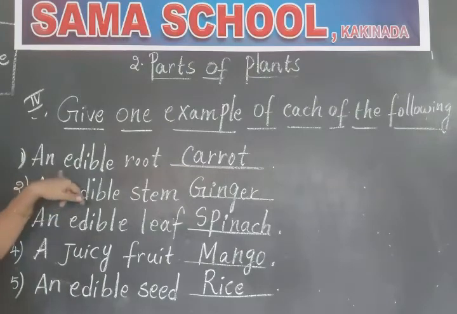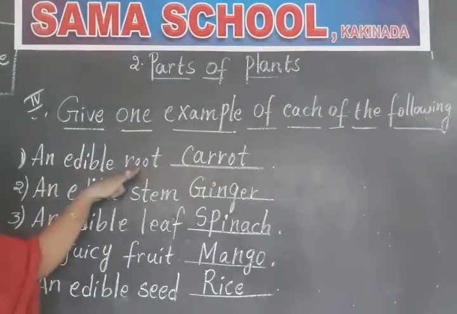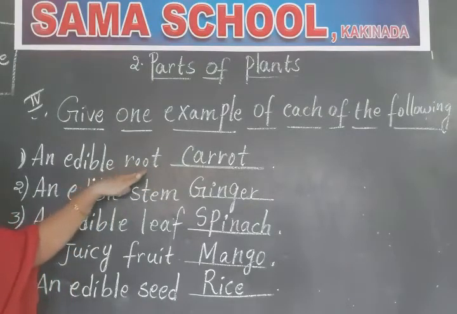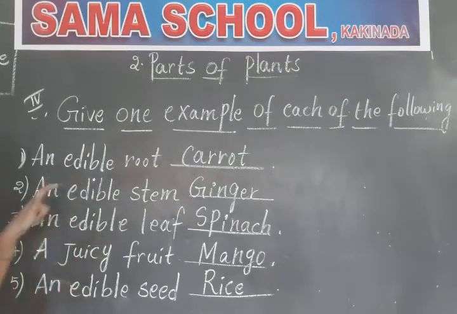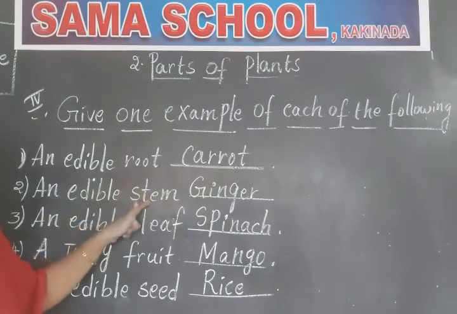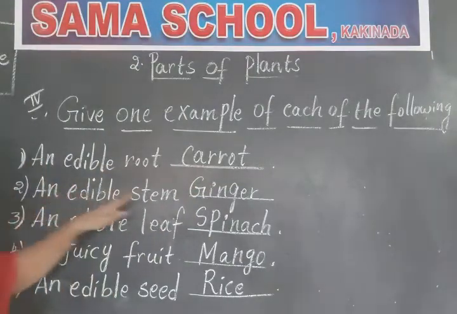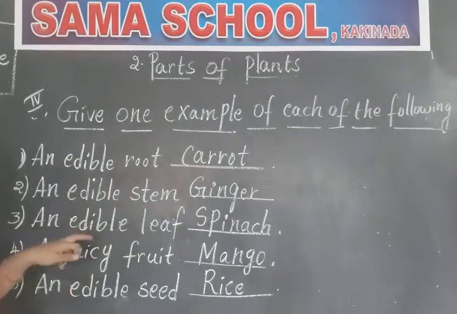Now see, an edible root: carrot, which we can eat as our root vegetable. An edible stem: ginger, G-I-N-G-E-R.